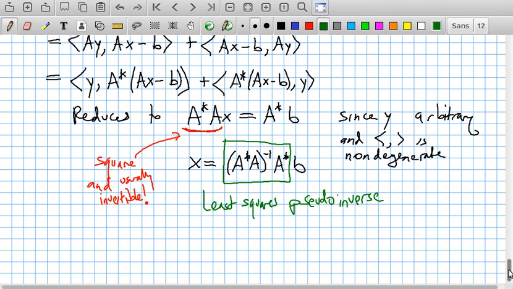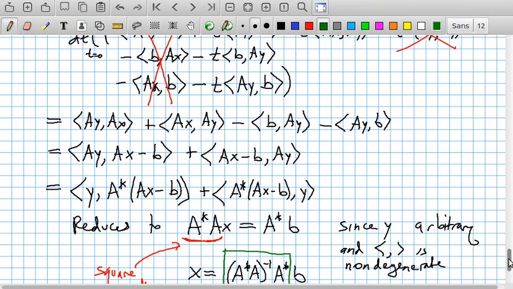What does it mean? What it means is let's now scroll up a little bit in our computation here. Let's look at this line. What it's saying is that the residual, the error which we tried to get rid of before, this residual error, is orthogonal to the range of A. So let me draw a little picture here.